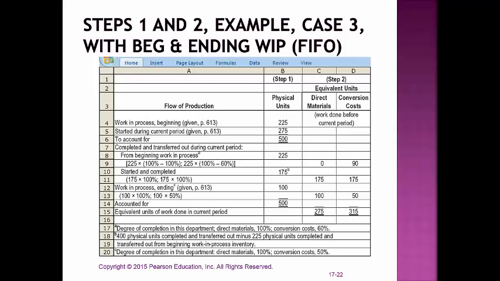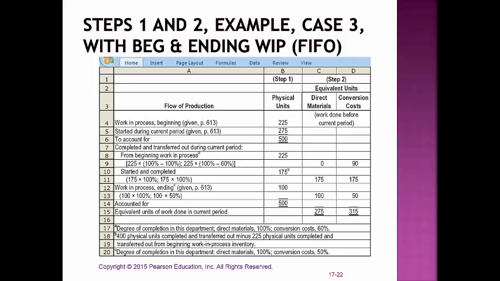That 400 is made up of, first in, first out, the 225 units from the prior period. 400 minus 225 means 175 had to have been started in this period and completed.